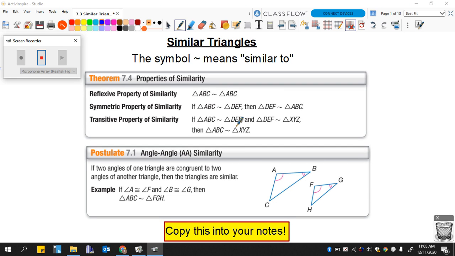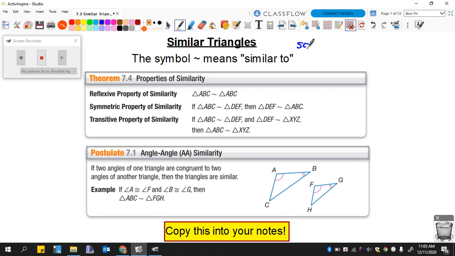In this lesson, we're going to talk about similar triangles and some of their properties and the postulates and theorems that are associated with similar triangles. Remember, similar means that the angles are the same.